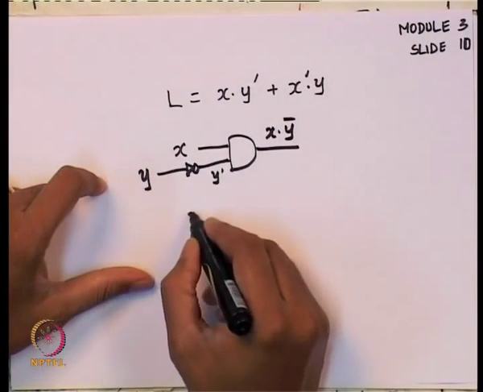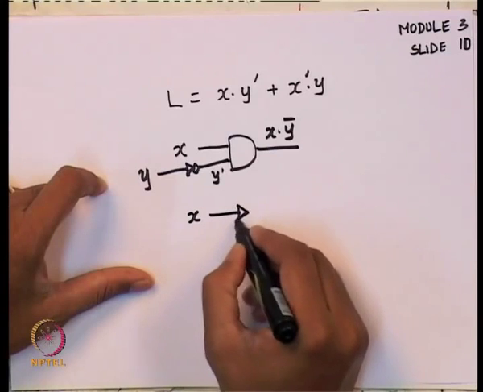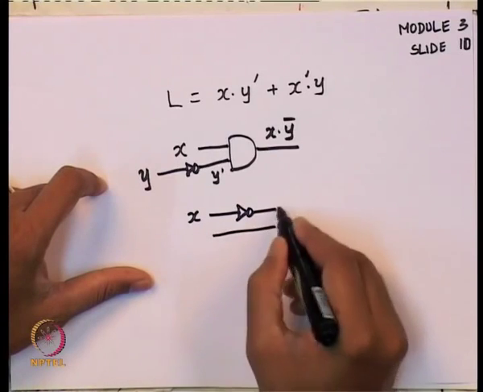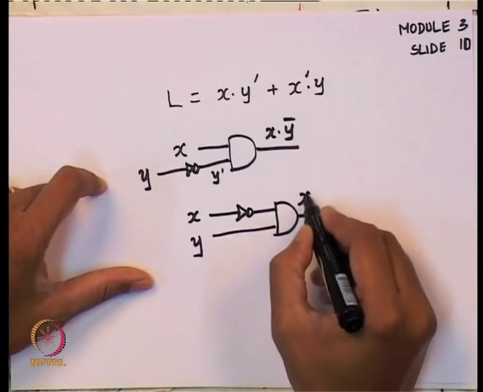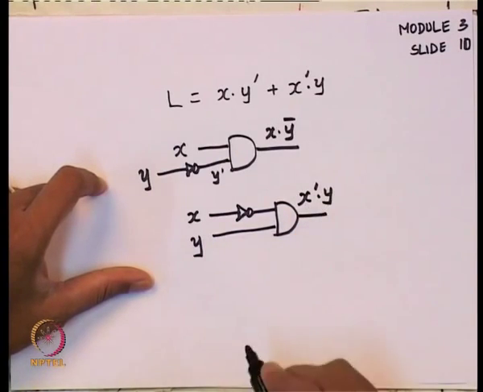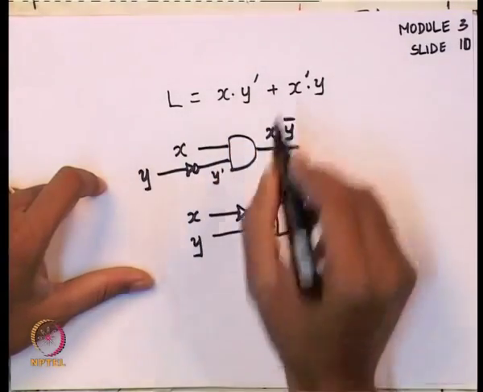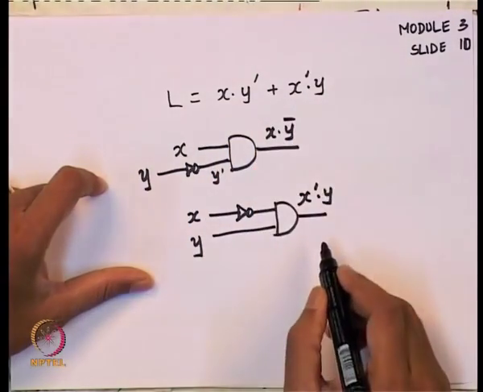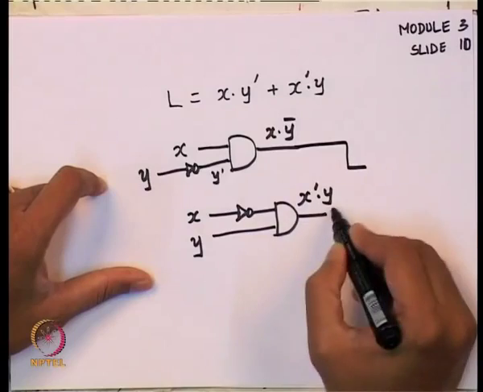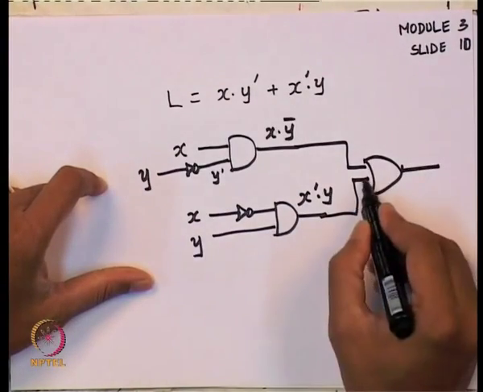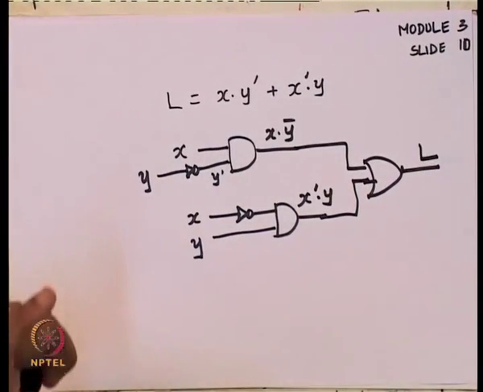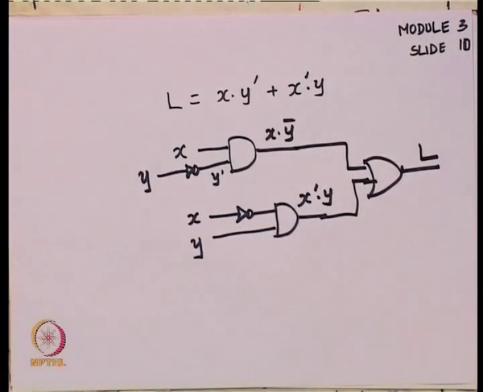Similarly, if I take X, take its complement and AND it with Y, this gives me X complement and Y. This takes care of the two terms, but we still have this logical OR in between. I can do that by putting an OR gate here. So this is the circuit which can realize the functionality that we needed.